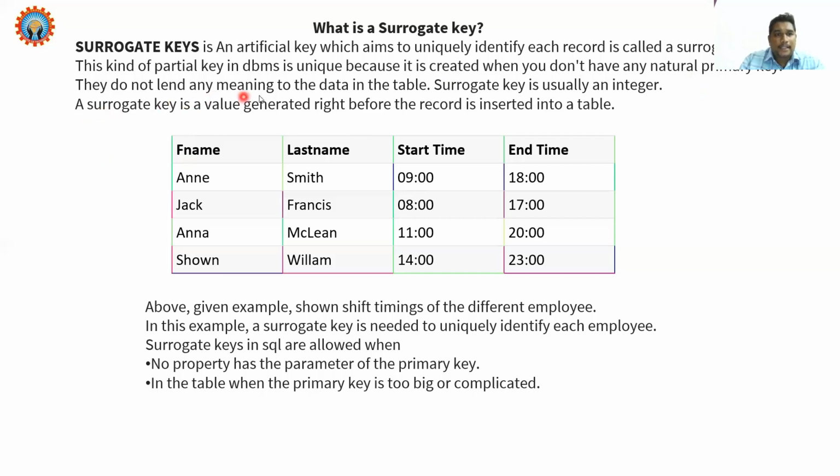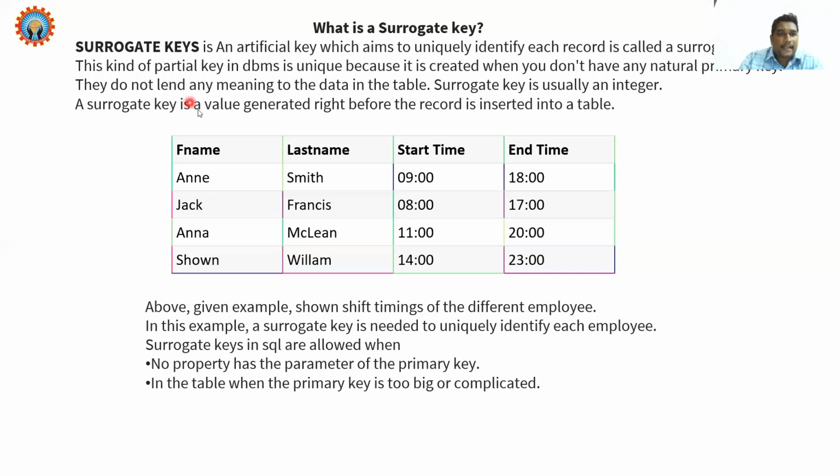They do not lend any meaning to the table, because they all have the possibility of duplication. A surrogate key is usually an integer. That is one rule: if you want to take a surrogate key, it should be an integer, so that there is a minimum property of retrieving the data.